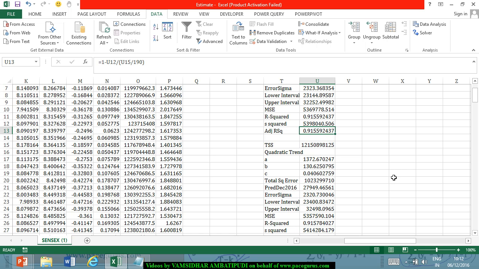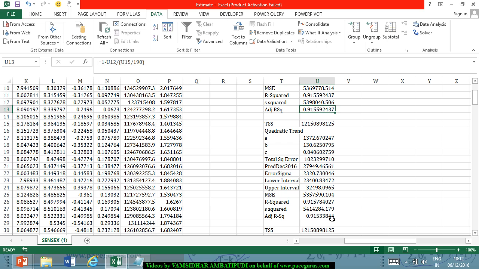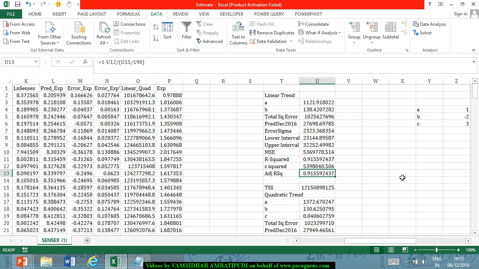Adjusted R squared needs to be higher, and I see that it is higher for the linear trend compared to the quadratic trend. So using these two measures, the accuracy of the linear trend model is better compared to that of the quadratic trend model.